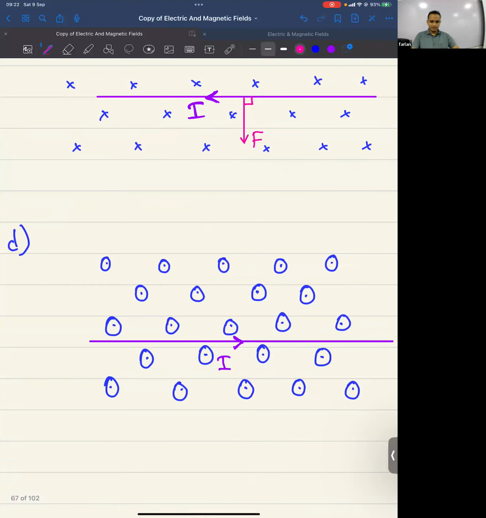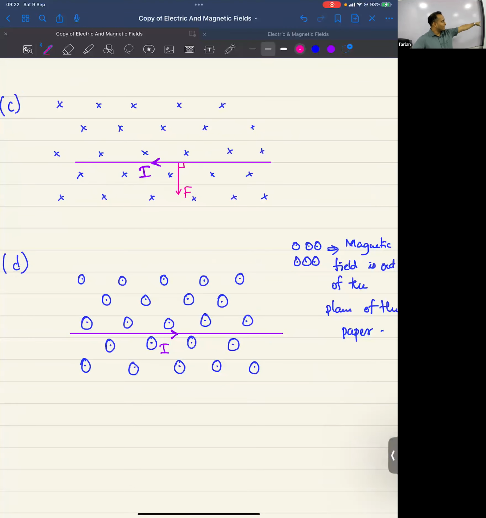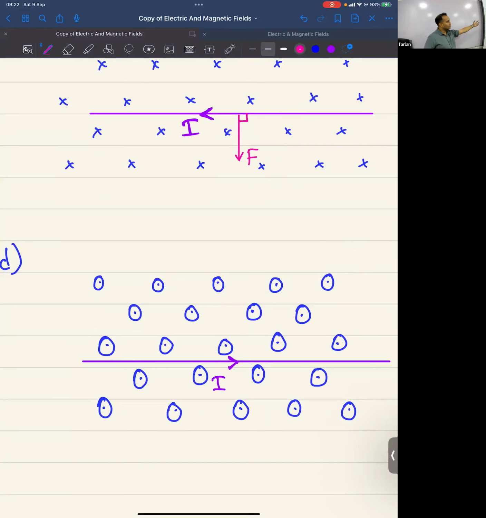Guys, let's try another one, part D. Now here, for the magnetic field, I have put a dot in a small circle. What does that mean? Out of the page. The magnetic field is out of the plane of the paper. Can you tell me in this case which way will be the force?